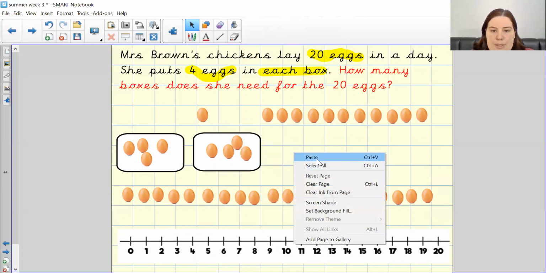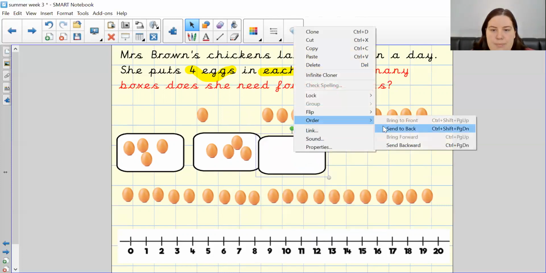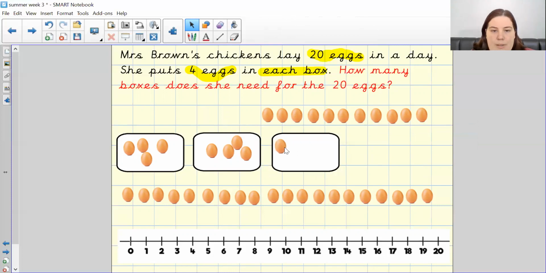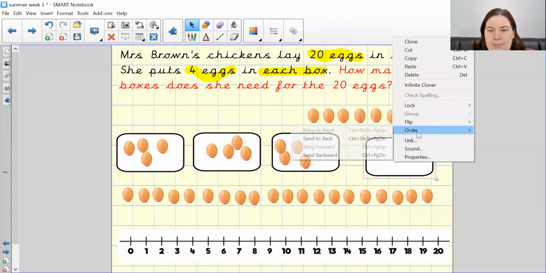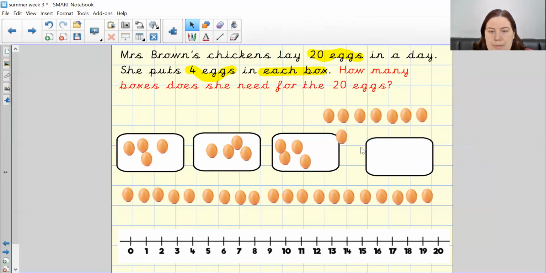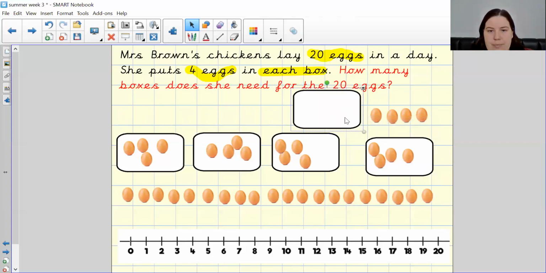And again, I'm going to make another box. 1, 2, 3, 4. I will need to make another box. 1, 2, 3, 4. I need to make one more box because I still have some eggs left.